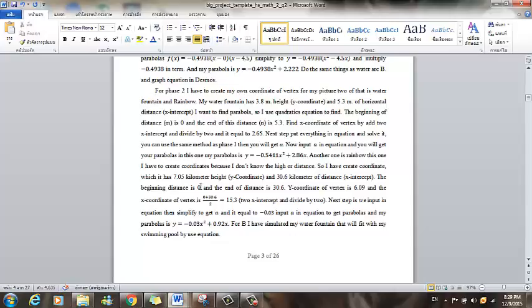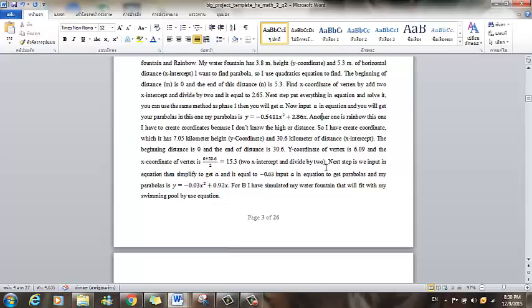The beginning of the distance is 0 and the end of the distance is 30.6. So the y coordinate of vertex is 6.09 and the x coordinate of vertex is 0 plus 30.6 divided by 2. Like I said, the beginning and the end added and then divided by 2. It's going to equal 15.3.